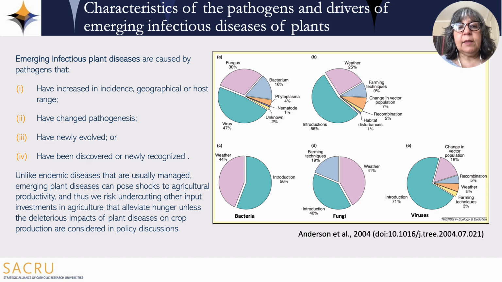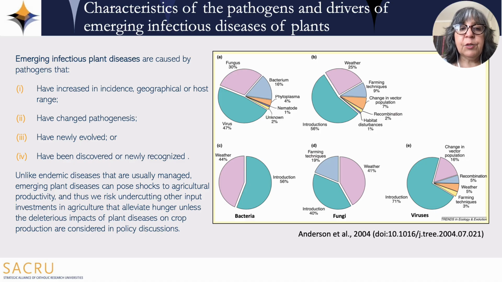Now we will see the characteristics of the pathogens causing infectious diseases of plants and the drivers of the emergence of these pathogens. Well, the concept of emerging infectious plant diseases comes from the field of epidemiology of animals and humans, and is used also in plant pathology.